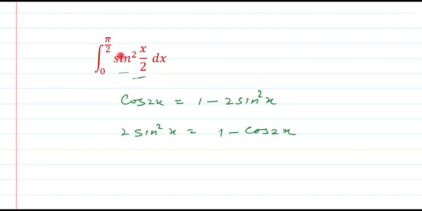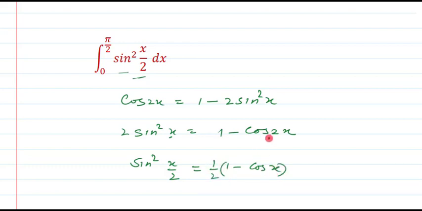So using the same identity, here in place of x we are having x upon 2. So clearly this sin square (x upon 2) is equal to (1 minus cos x) upon 2, isn't it?